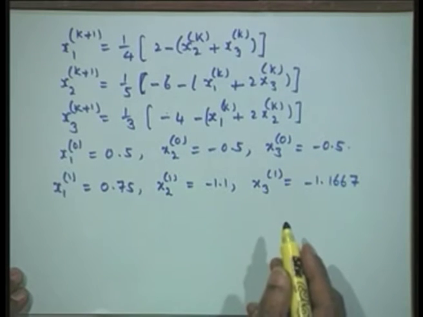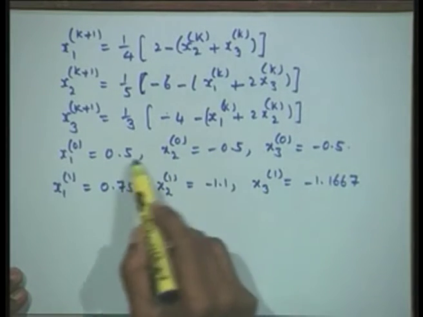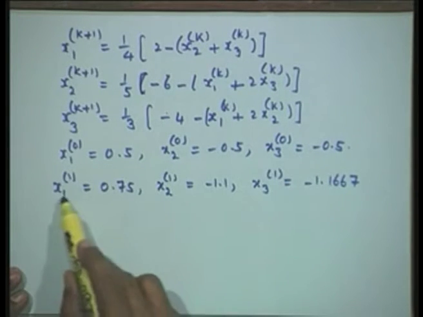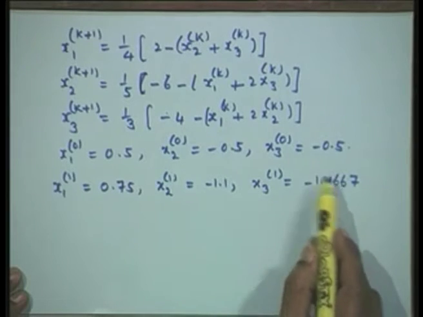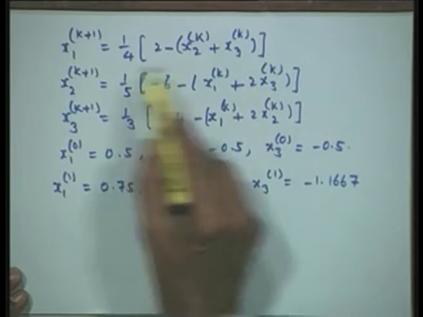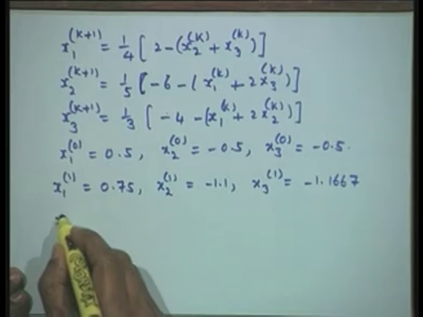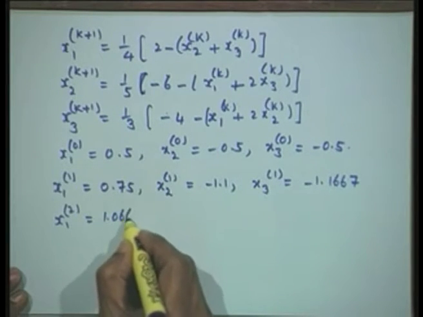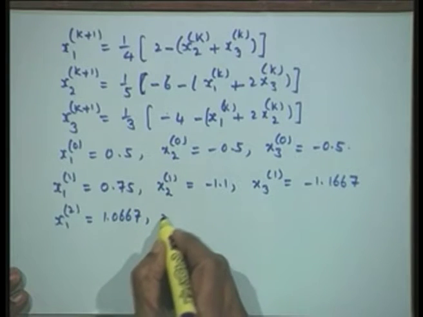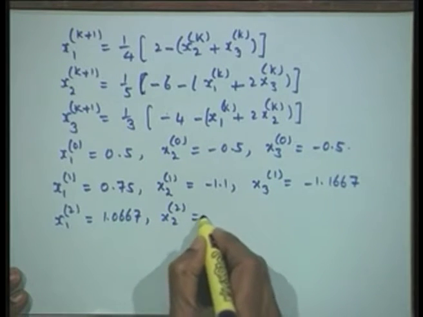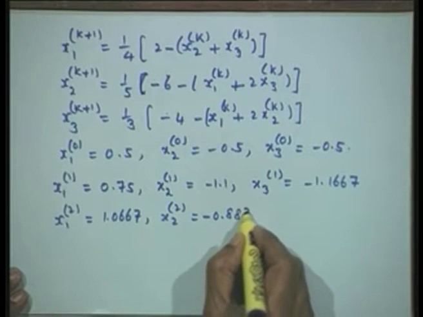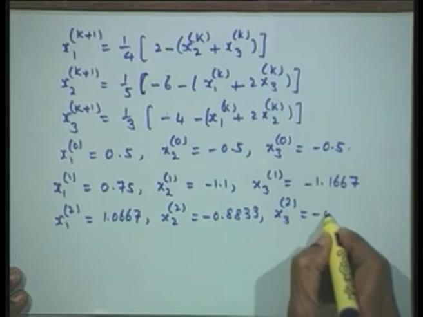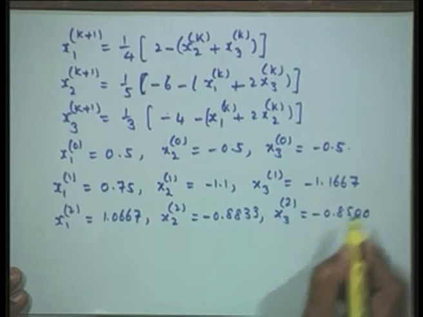This is the completion of the first iteration by substituting the previous iterated values in this set of equations. Now, this will be our new starting value. So, these values we will substitute on the right hand side to get our next iteration. The next iterated values are x1 of 2 is 1.067, x2 of 2 is minus 0.8833, x3 of 2 is minus 0.8500.